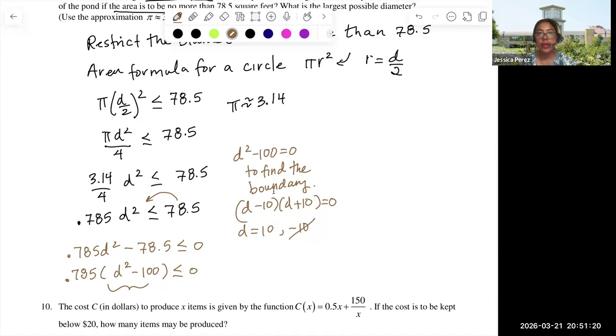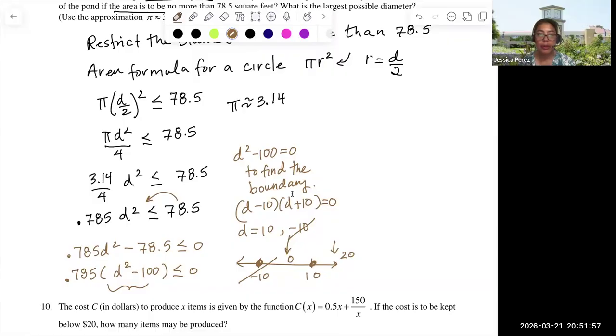So if these are my boundary points, negative 10 and 10, remember these are typically included, but we are going to remove negative 10, but we can include 0. So 0 and something greater than 10, let's say 20. I have to test a point right in between. So my initial positive answer will be from 0 to 10.